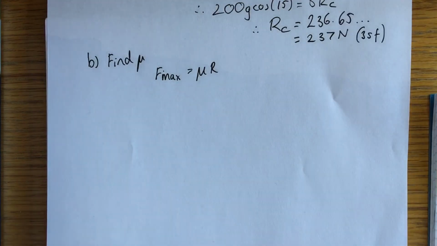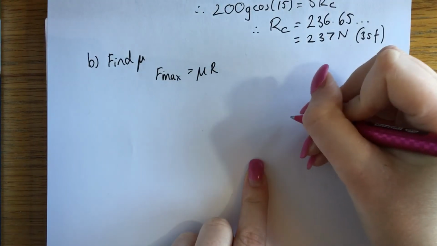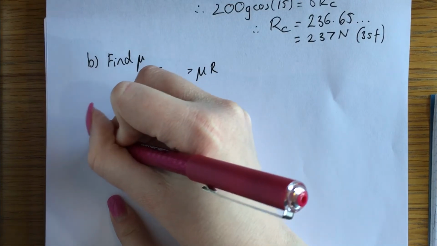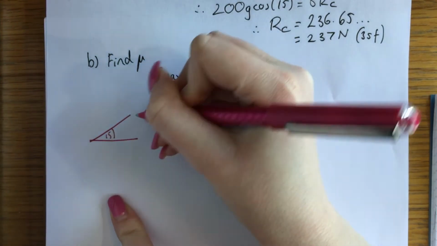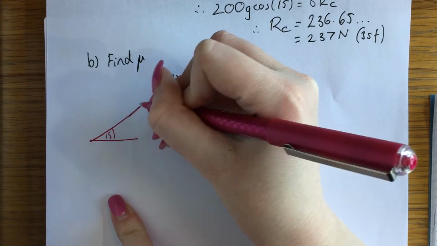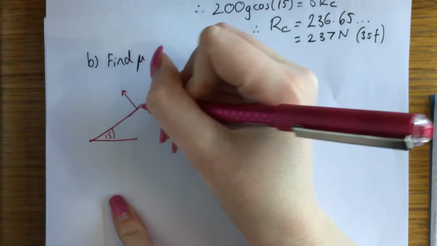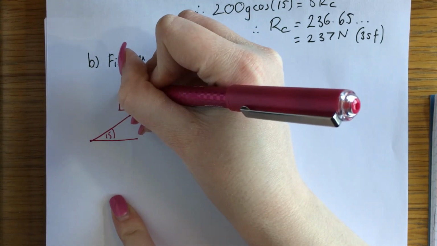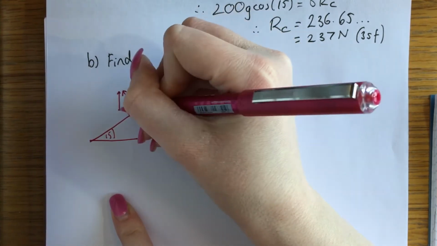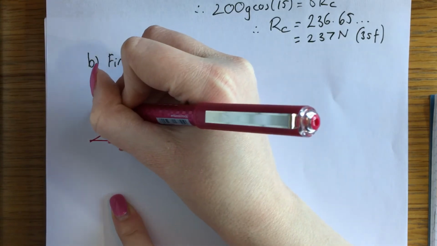So I'm just going to do a little diagram to the side of my inclined plane of 15. So I've got my normal reaction here, and I've got my other forces there. So if I just do a dot, dot, dot there.